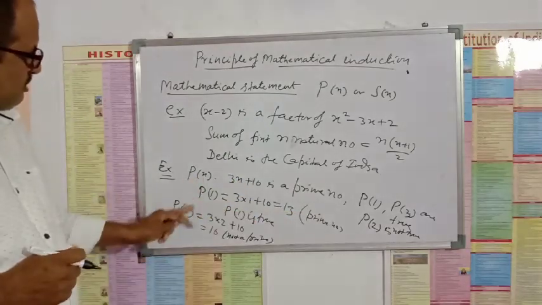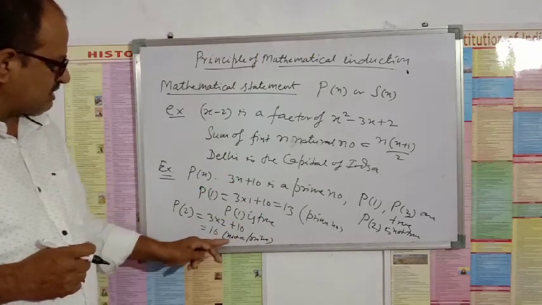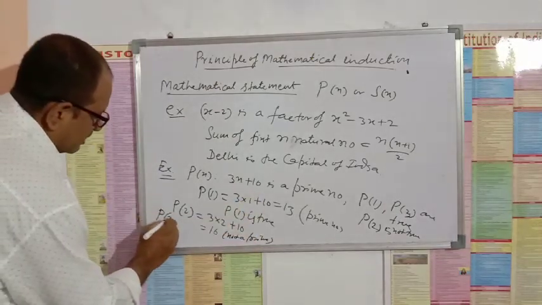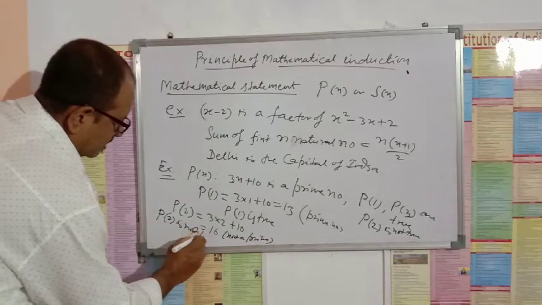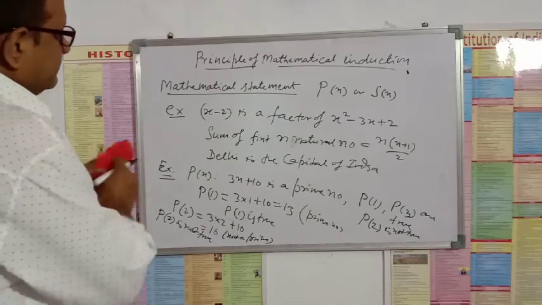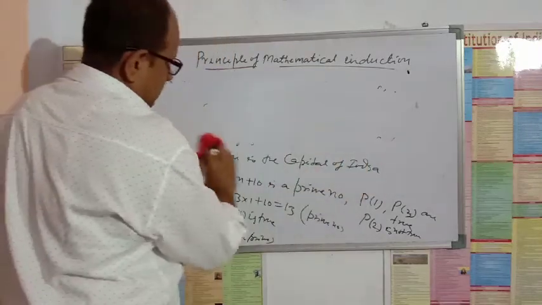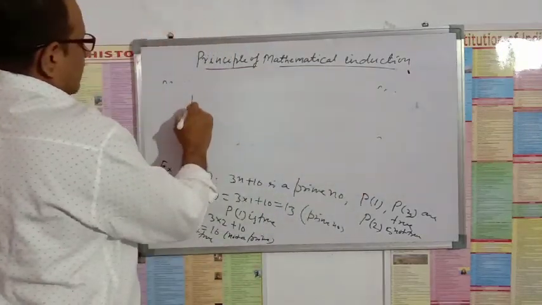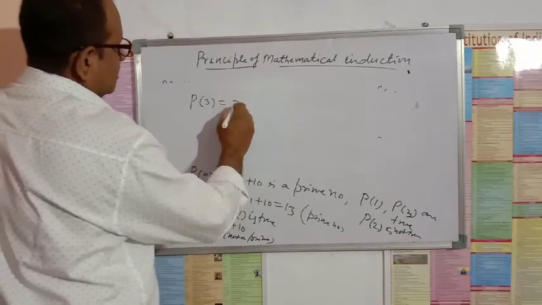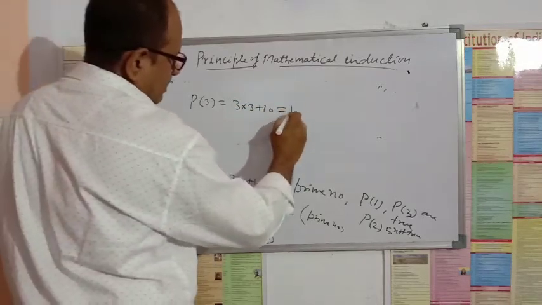Put n equal to 2. 3 into 2 is 6, 6 plus 10 is 16. 16 is not a prime number, so P2 is not true. Similarly, we can check for P3. 3 into 3 is 9, plus 10 is 19.